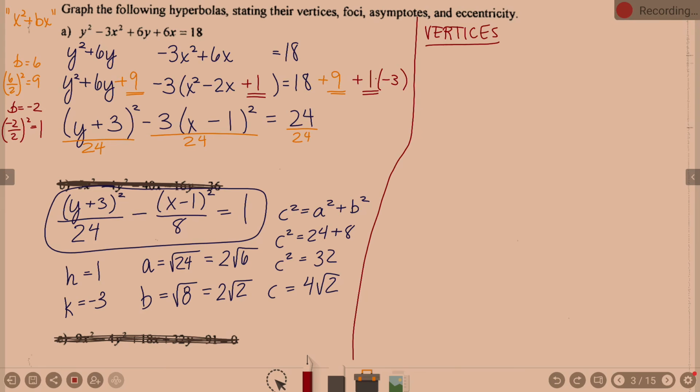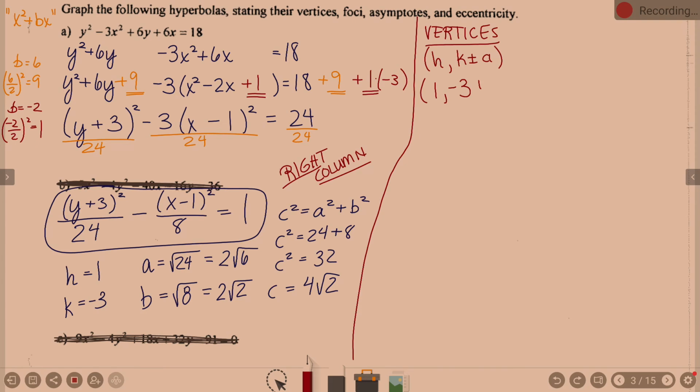I have to flip it over. It's a right column. So this is a right column because y is the first and positive one. H, comma K plus or minus A.